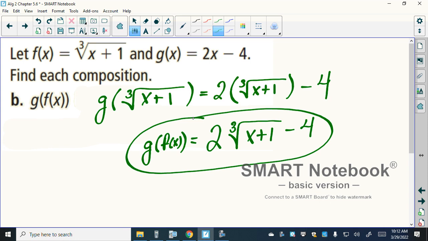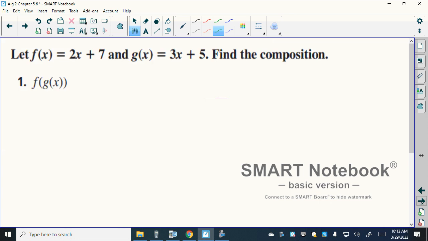A lot of this is coming back to us for doing these composite functions. Do we need to do another one of these, finding these composites, or do you feel comfortable with these here?